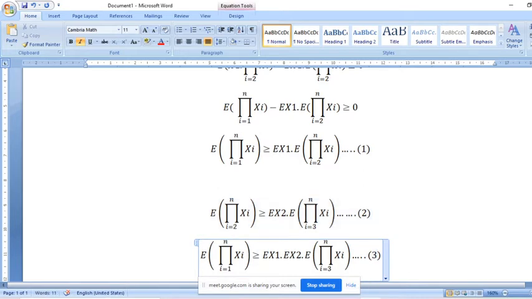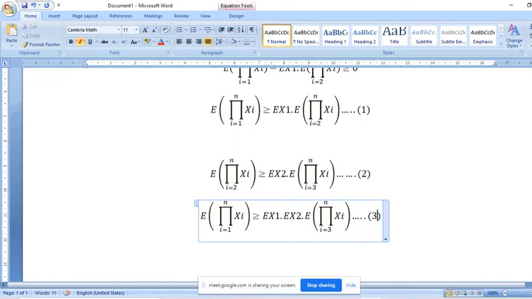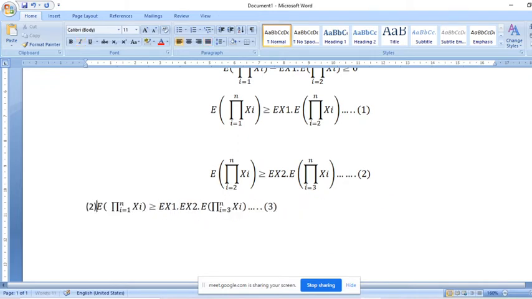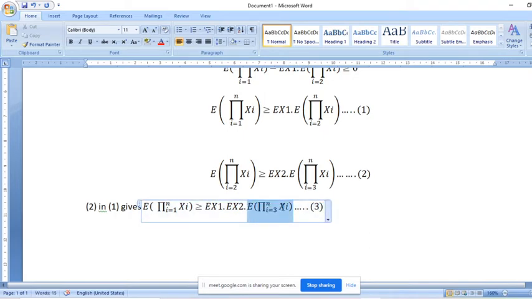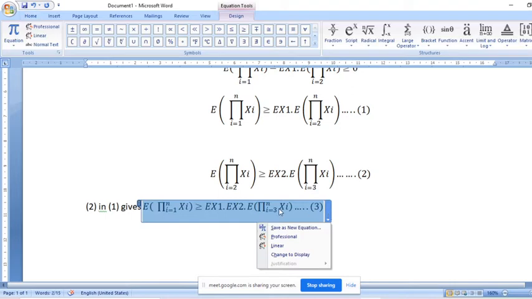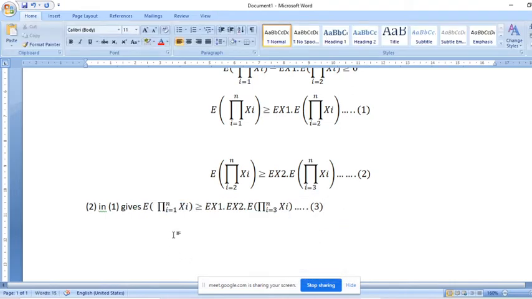So 2 in 1 gives this equation. Again we can substitute, instead of this one, a similar formula as in the case of equation number 2. So we will get, what will be the next step?